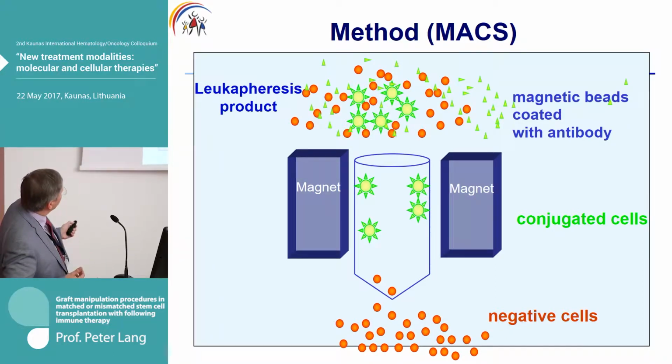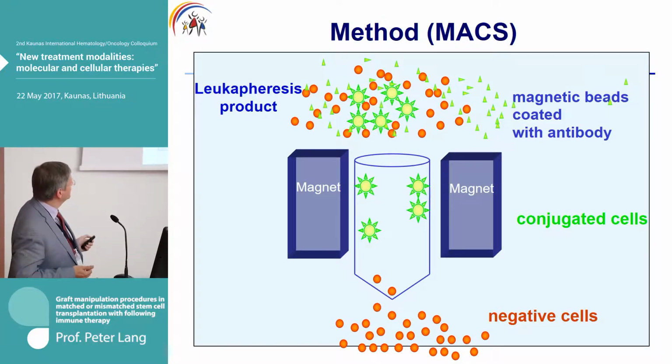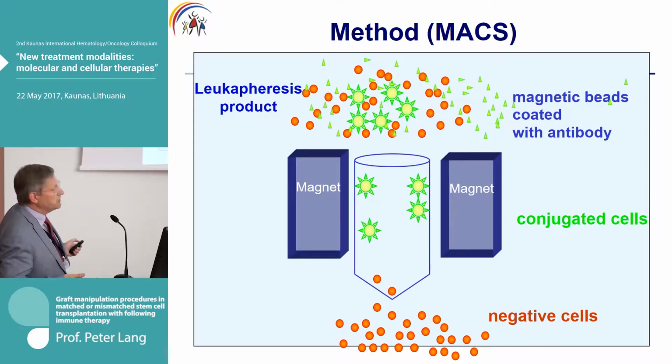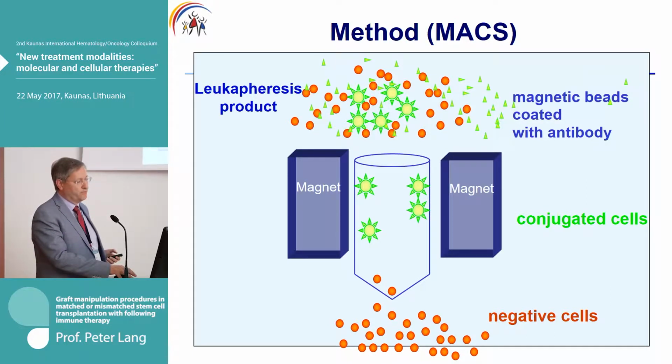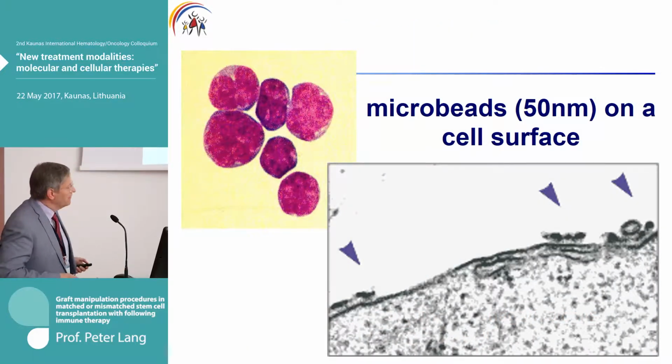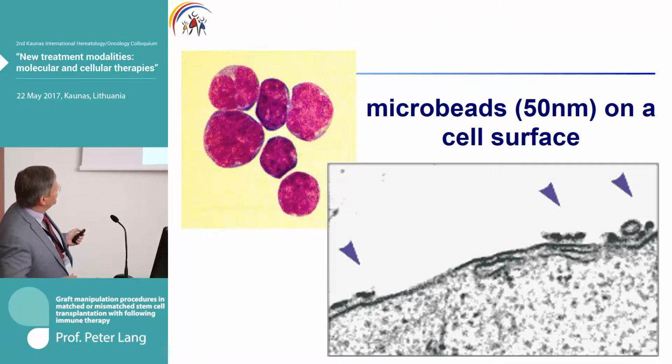Cells of the leukapheresis product are incubated with magnetic beads coated with antibody. Then the cell suspension runs through a strong magnetic field. Conjugated cells are retained in the field, and all other cells run through. Since the microbeads have only a size of 50 nanometers, you cannot see them in the microscope.